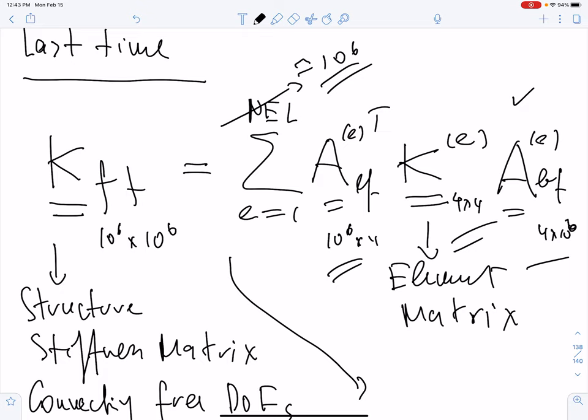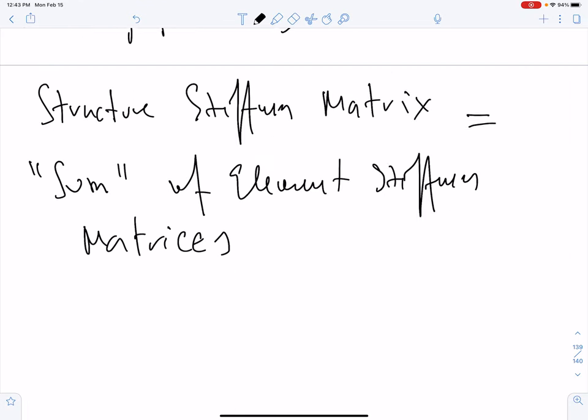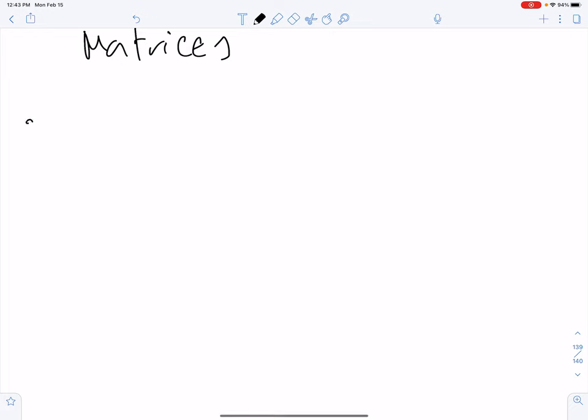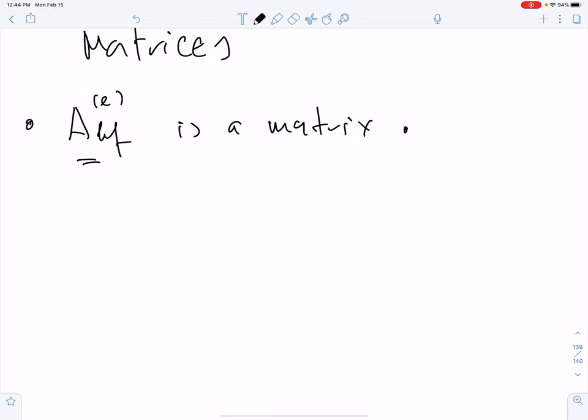And so we make an observation that ABF for element e is a matrix of ones and zeros. So you know that the product of something with zero is always a zero, so there's no real need to build and compute these matrices.